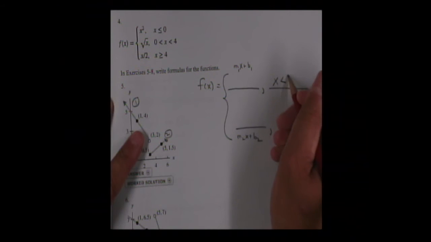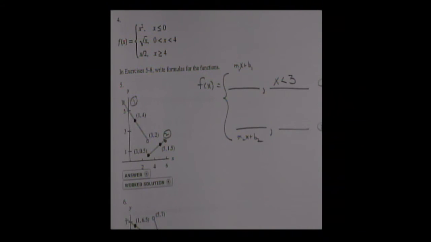X is less than 3. Very good. Thank you. And you use less than because Copenhagen told us that there's an open circle, right? Yeah. So, Sackets Harbor, you want to help me with the domain of piece 2?